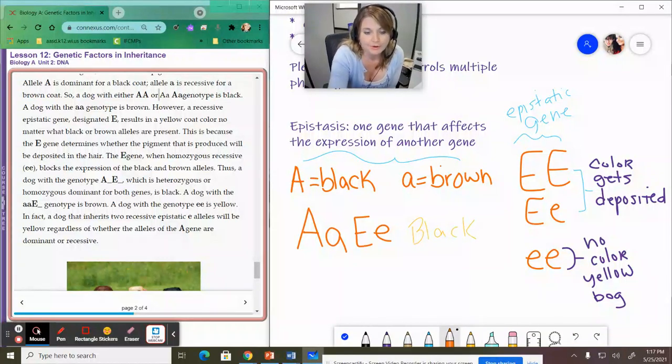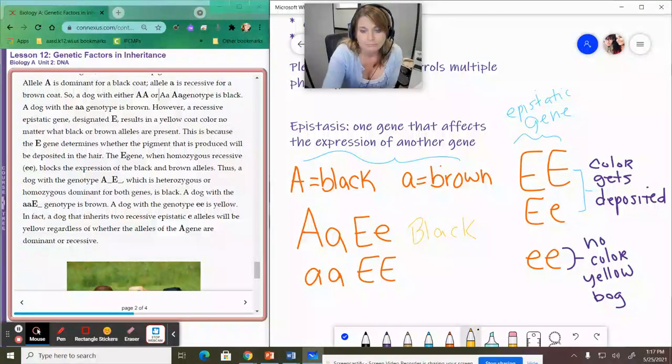And if we end up with a dog that looks like this, brown dog. And if you have a dog that looks like this, yellow dog.